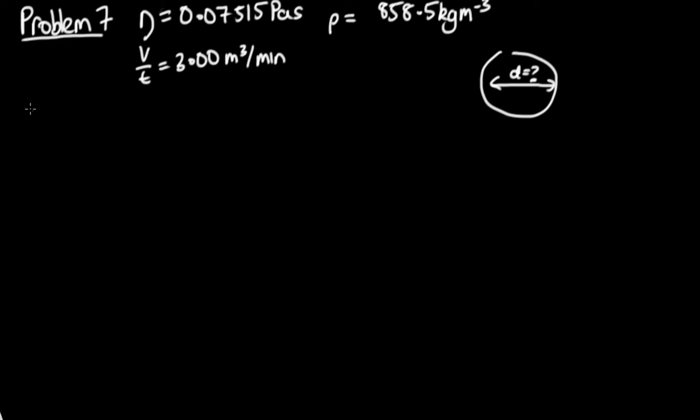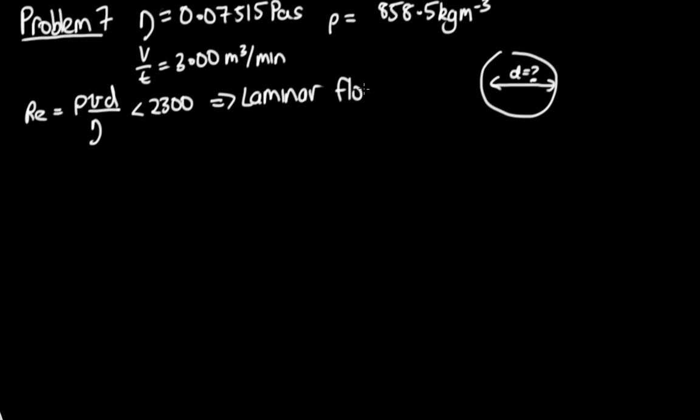So we're going to want our Reynolds number, which is equal to rho v d over eta. Rho is the density, v is the velocity, d is the diameter of the pipe, and eta here is the viscosity. We need that less than 2,300 to ensure that we have laminar flow. So we're going to need to substitute in here.